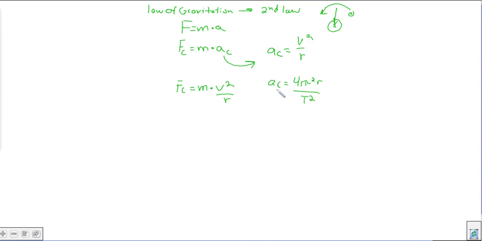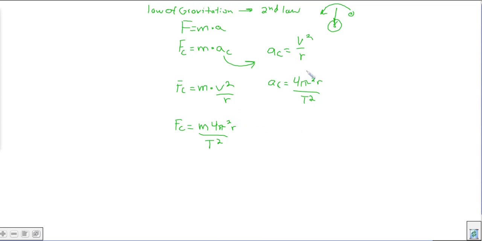So the centripetal acceleration equals both of these two things. So you could say that the centripetal force equals the mass times the velocity squared divided by r, or you could say the centripetal force equals the mass times 4 pi squared r divided by time squared. You could say that as well.